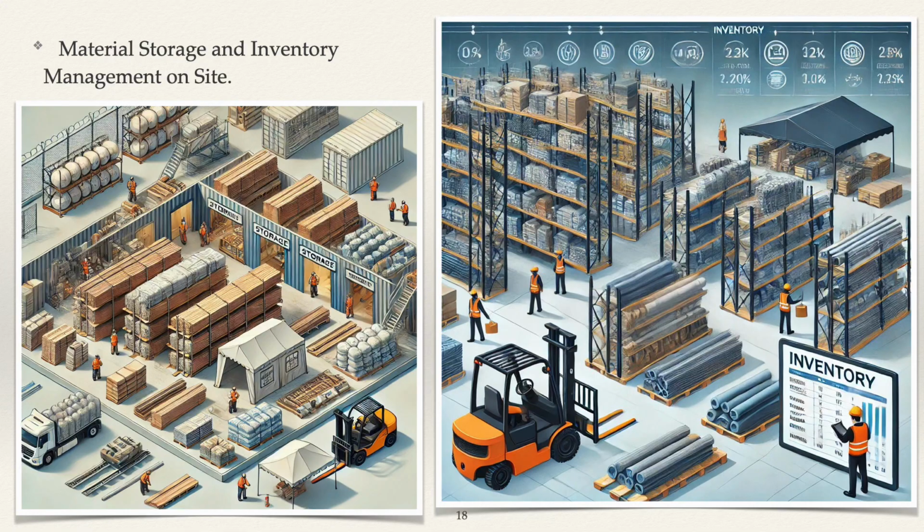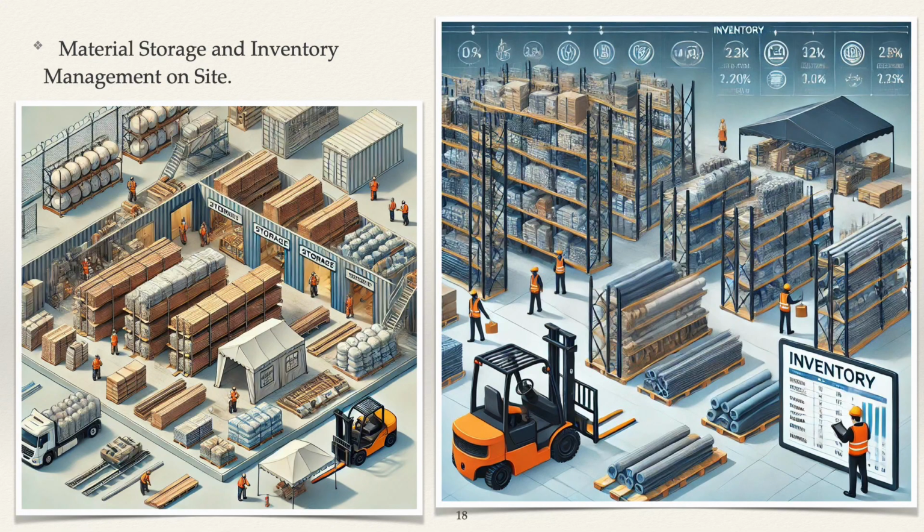Outdoor storage for large components. Designate outdoor storage areas for large components, such as tower sections that do not require protection from weather. Ensure these areas are easily accessible and organized by material type. Inventory tracking. Implement an inventory tracking system to monitor the quantity and status of materials on site.